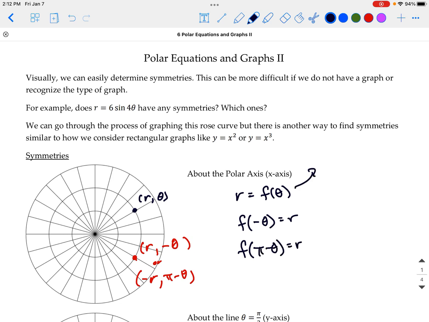This could be maybe 3 cosine theta as an example of the polar axis symmetry. So this would be a circle with diameter 3. And this graph would work because 3 times cosine negative theta is equal to 3 cosine theta by the even symmetry of the cosine function.